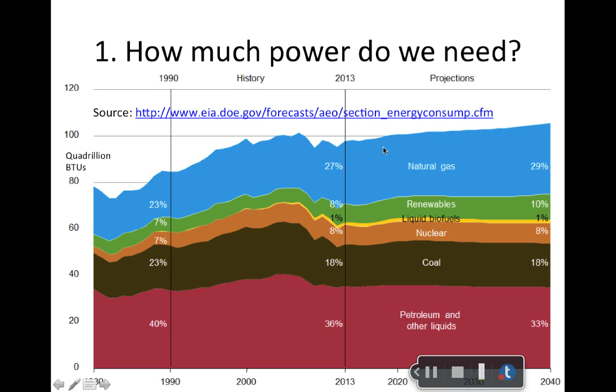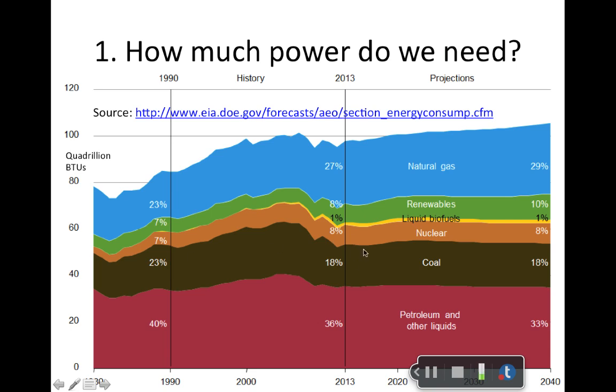As you can see, it's been increasing, and then it's not going up too much, and they are assuming that we will find better ways to use energy and waste less of it, so that even with population increasing and industry increasing, the energy use won't increase that much.